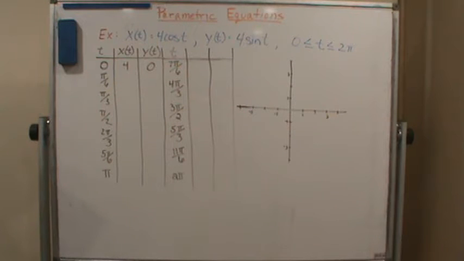And so pi over 6, well, that's a 30-degree angle, right? So we're going to have a 30, 60, 90 degree triangle. And so the cosine of pi over 6 is going to be 2 times the square root of 3.